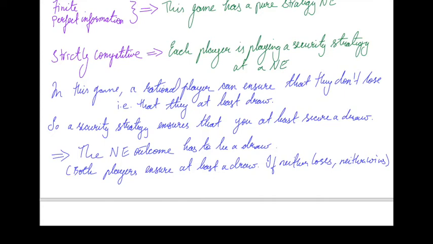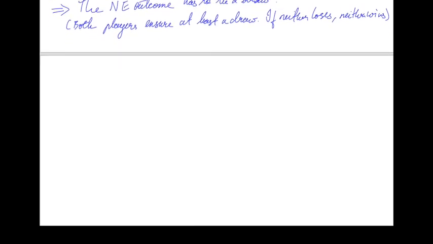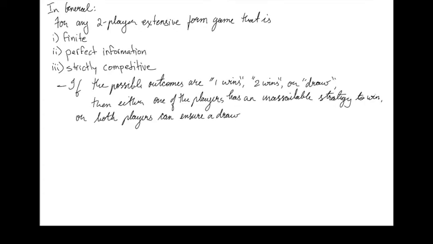This type of conclusion doesn't apply only to Tic-Tac-Toe, but it applies generally to extensive form, strictly competitive games. So in general, for any 2-player extensive form game, if that game is finite, if it's a game of perfect information, and if it's strictly competitive, then we know the following.